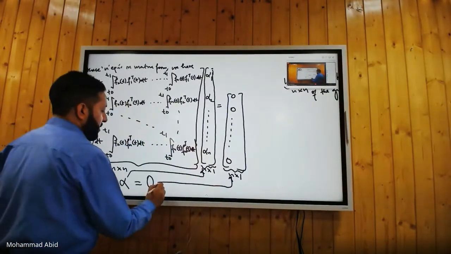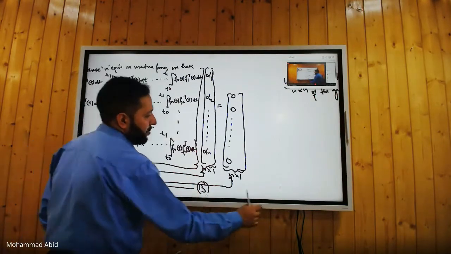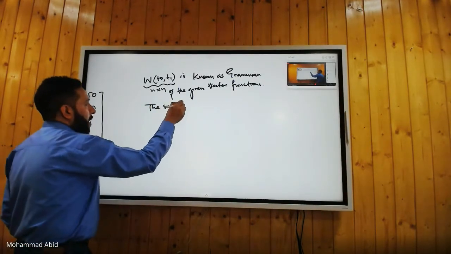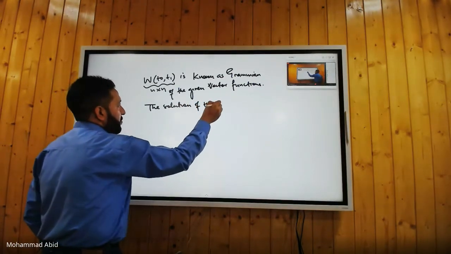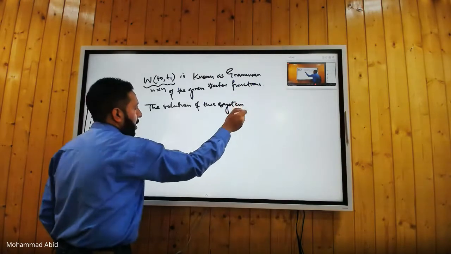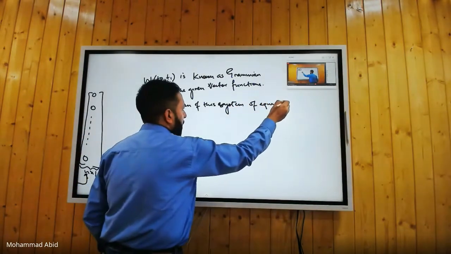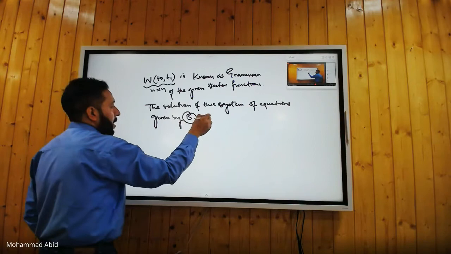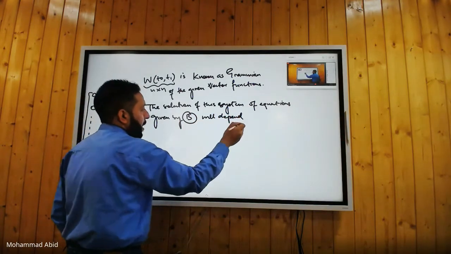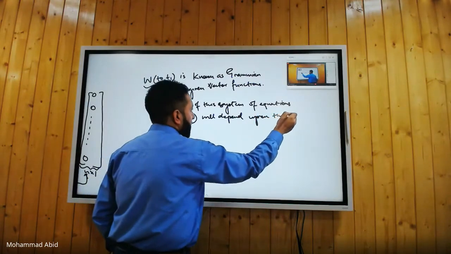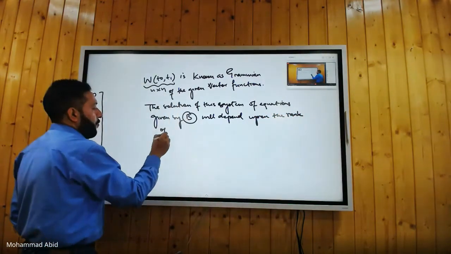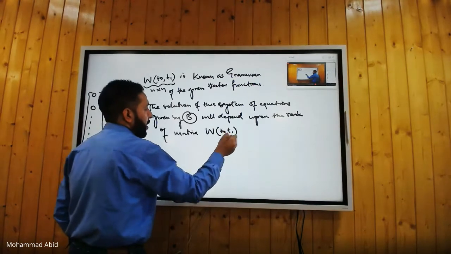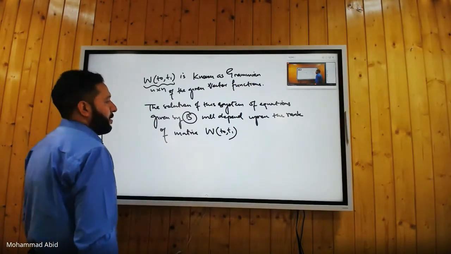If I call this system of equations B, the solution of this system of equations given by B will depend upon the rank of matrix W(T0, T1). That is the rank of the Gramian matrix. It will depend upon the rank of the Gramian matrix.